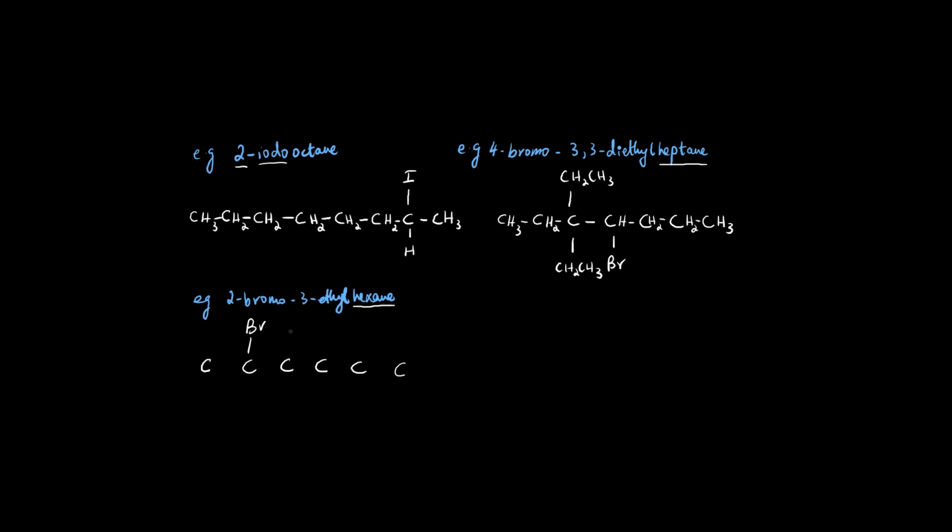And the third carbon must have an ethyl substituent. And now just fill in the hydrogens. And that is it for the naming of alkyl halides. And that is it for this video. Thank you.